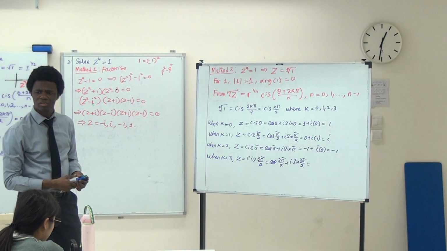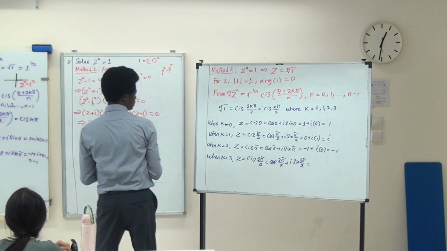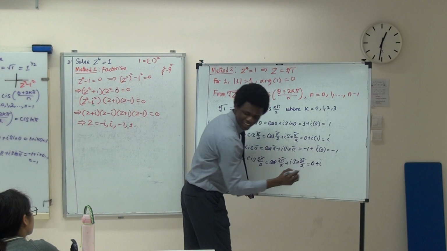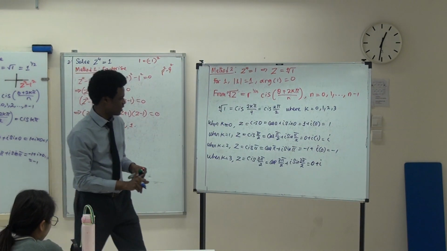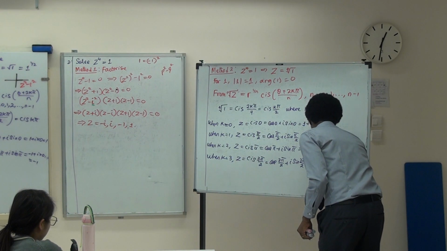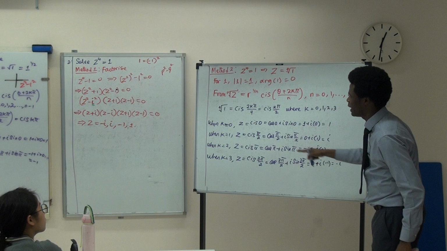So what's cos 270? Is that 0? Confirm. Calculator: 0. Okay, what about sin 270? Minus 1. Okay, so we are good. So that's minus i. Can you see now? 1, i, minus 1, minus i. Just like that.